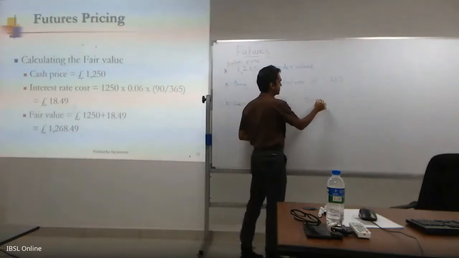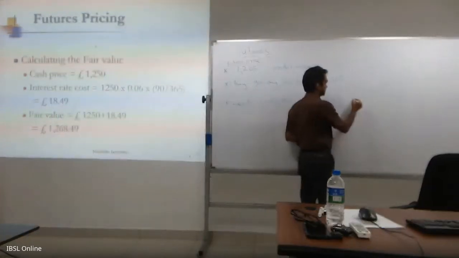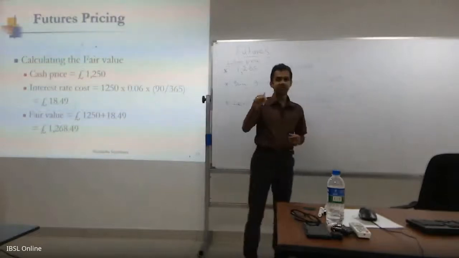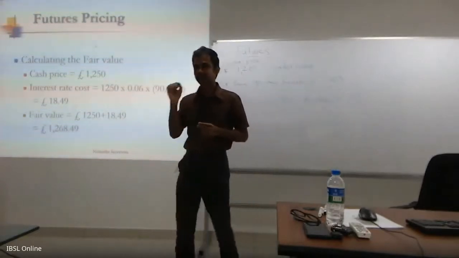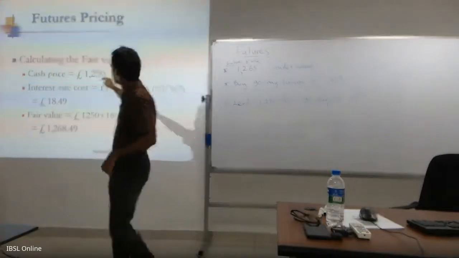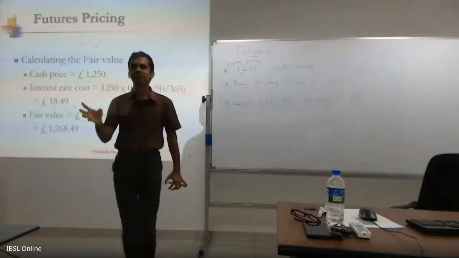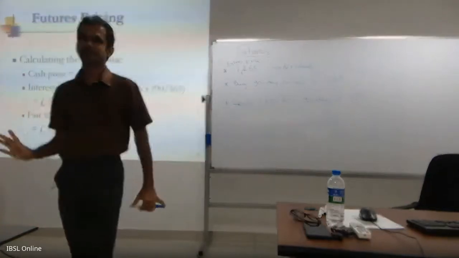How long? At 6%. Now that's one thing. You should be able to transact at the market rate. You should be able to buy or sell the asset at this price and borrow or lend money at that interest rate.